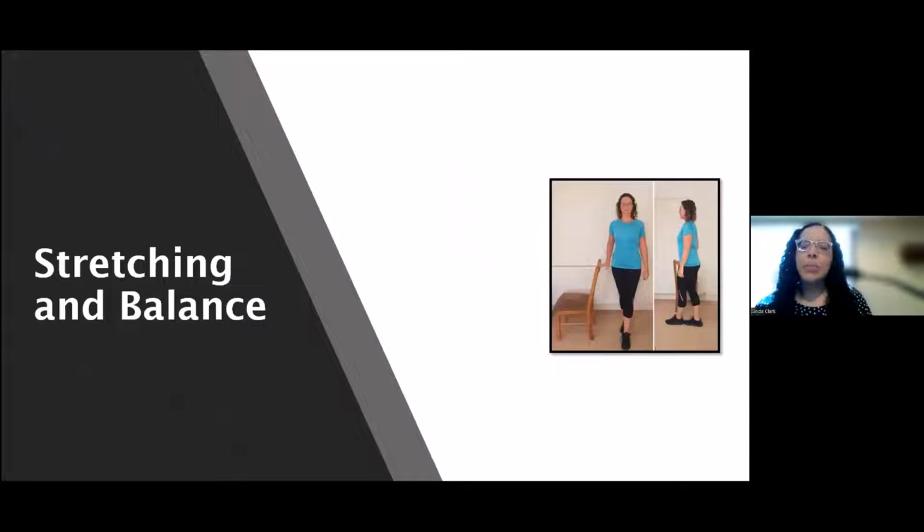And then just some examples of stretching and balance exercises. This is a common balance exercise called a tandem stance, working on balance, challenging all the muscles, and other benefits as far as if those are affected by osteoporosis and things like that associated with their interstitial lung disease.